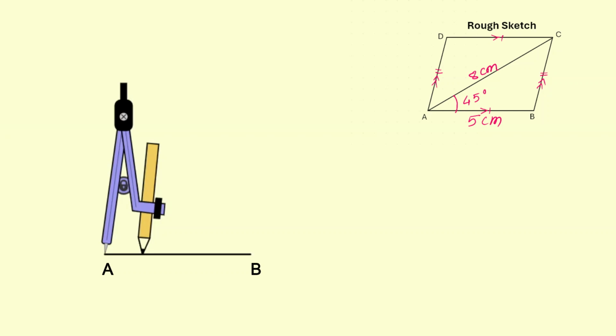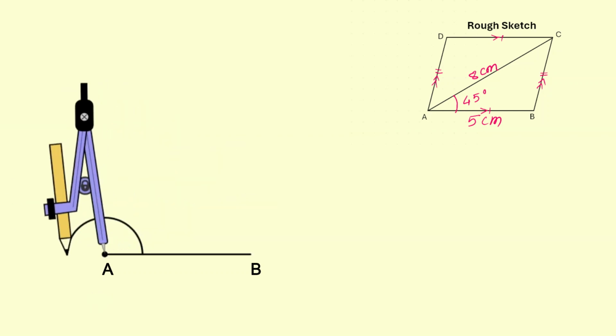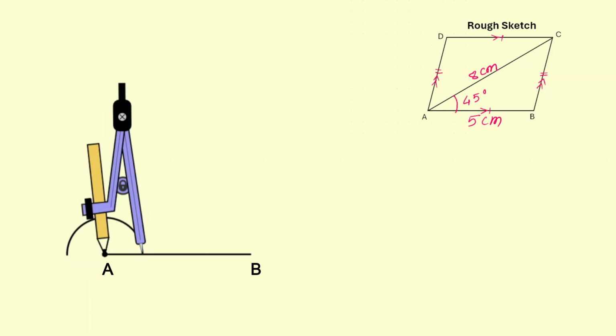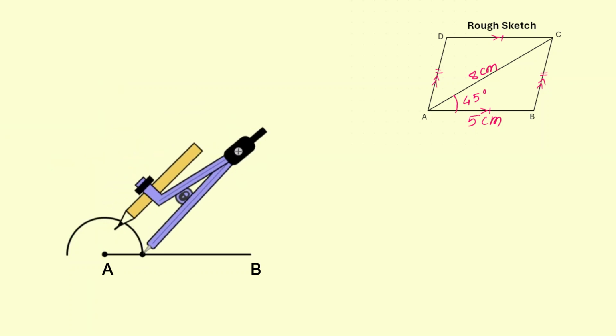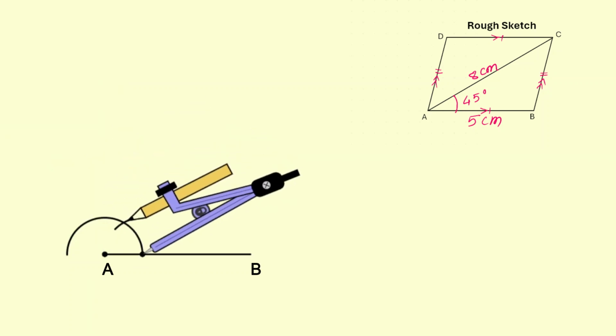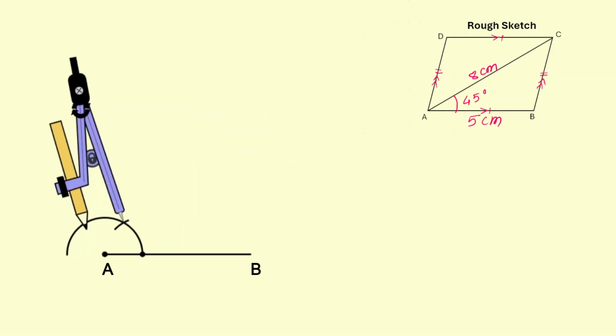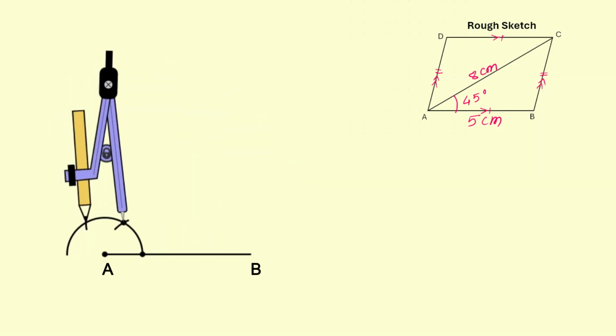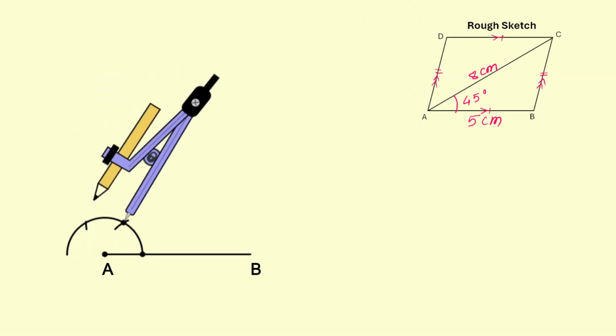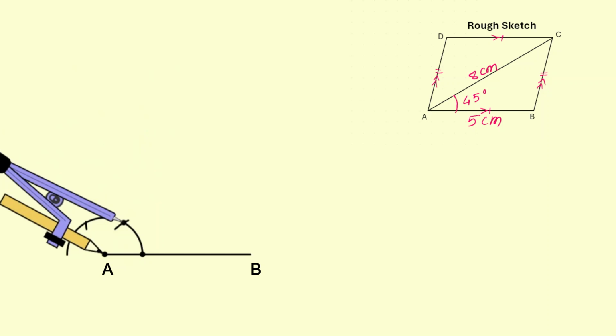I put my compass at point A, make an arc, and put my compass again at this point and cut the arc. So this is 60 degree. Again I'll put my compass at 60 and cut this, which is 120. Since 45 is half of 90, first I'll be making 90 degree line.